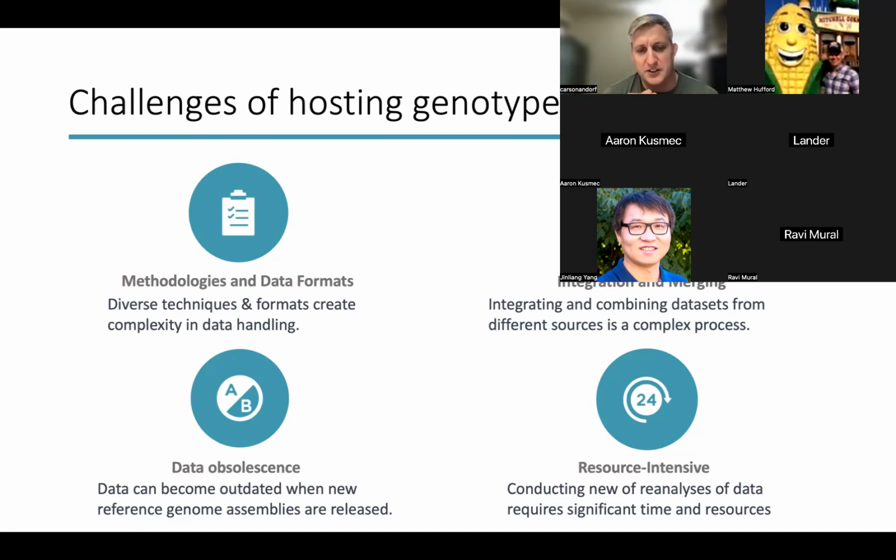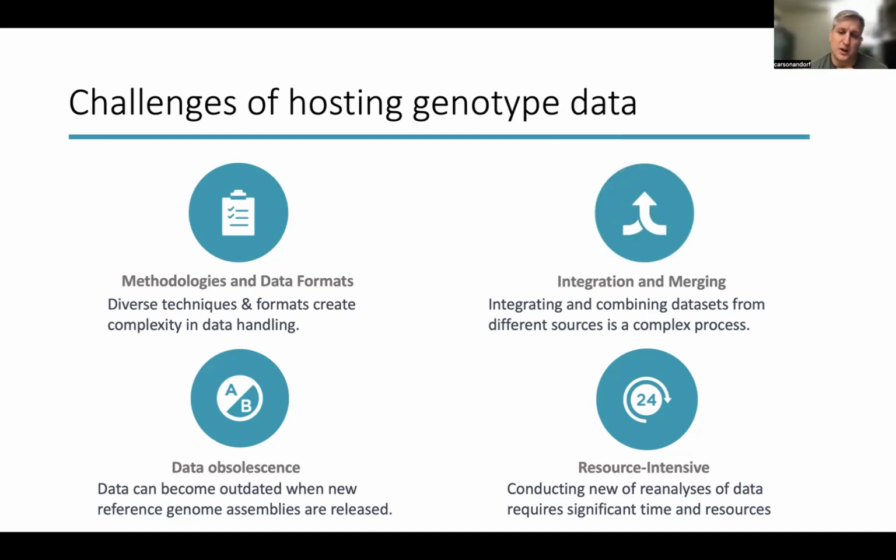So we either have a very conservative mapping criteria and we lose some of the data, so the coverage gets lost. Or if we want a higher coverage set, we can loosen up the criteria, but then we're losing the quality of the data. So really the best way to do this is just a full reanalysis of the data, taking the raw data sets, merging them together and remapping them to the genome of interest.